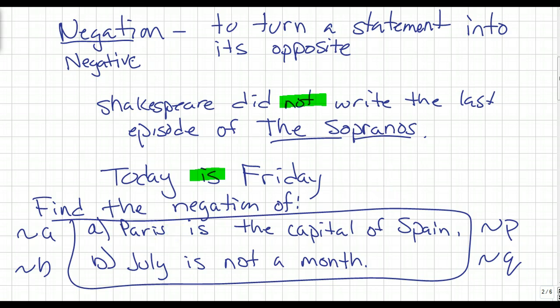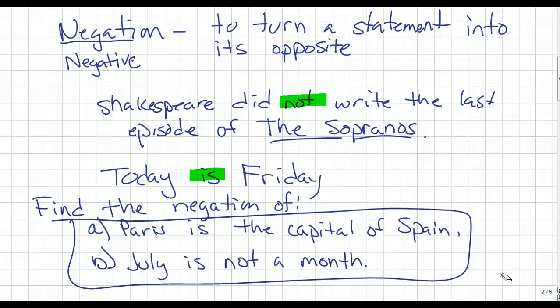So one of the things I want you to do on this, and ignore these things because we'll get to them in a minute. Find the negation of Paris is the capital of Spain and July is not a month. It's the opposite. So what is the opposite of the first statement?